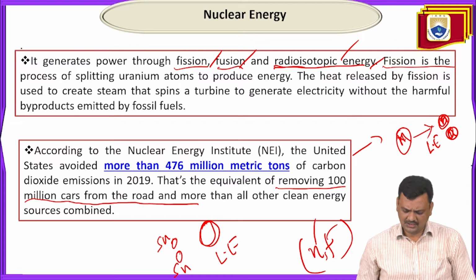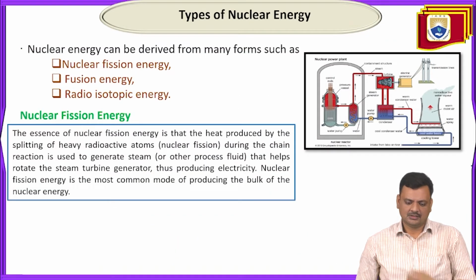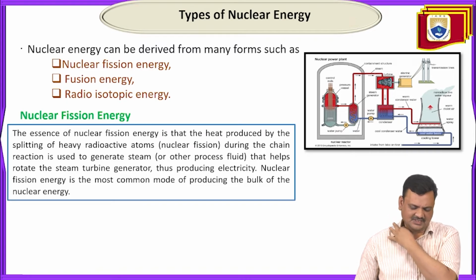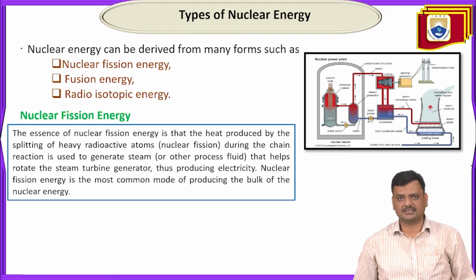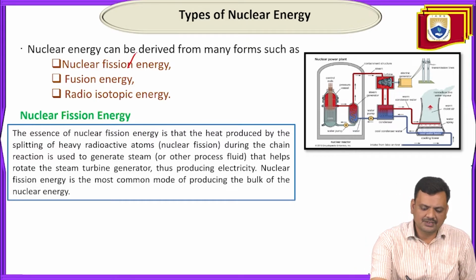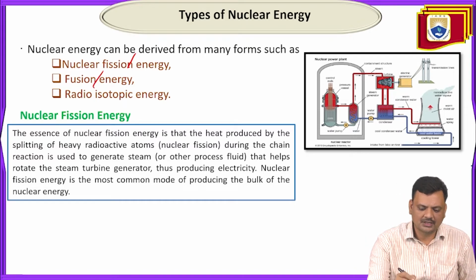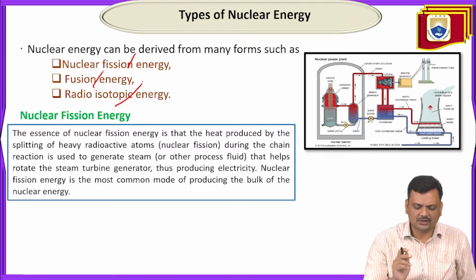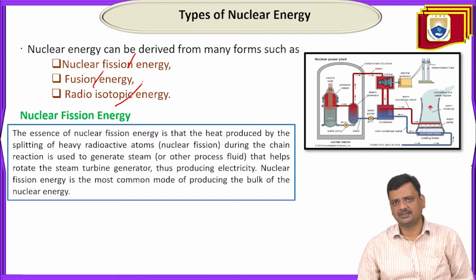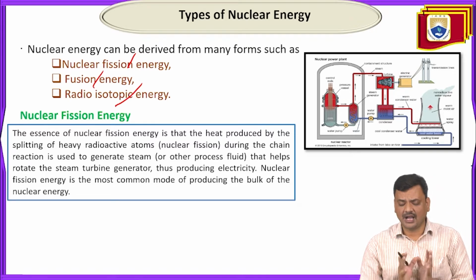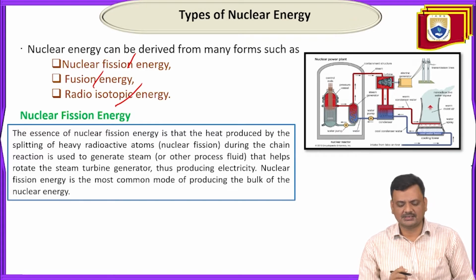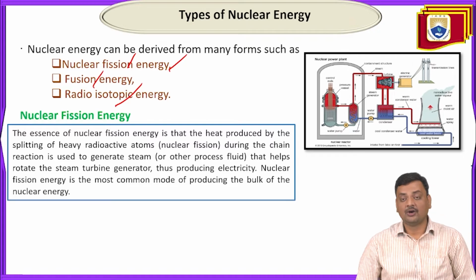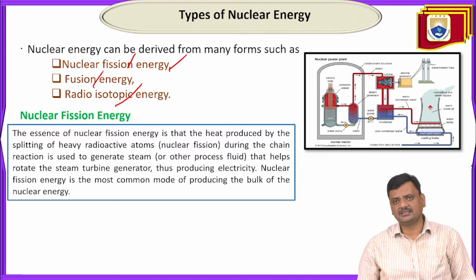How is it important? Earlier I told you that there are three types of process: nuclear fission, fusion, and radioisotope reaction. These are physical processes in which energy is released, and that energy is called nuclear energy.